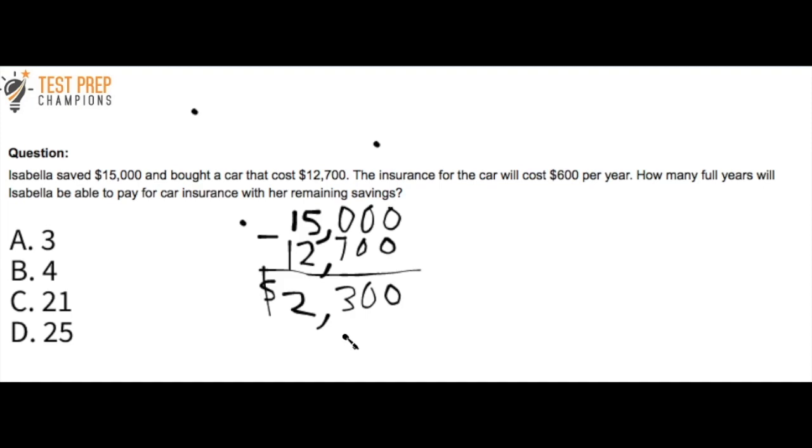How many full years will she be able to pay for this? Well, all you're going to do now is take this 2,300 and divide it by 600. And what's that going to give us? Well, in my calculator, I get 3.833333, a bunch of threes repeating here.